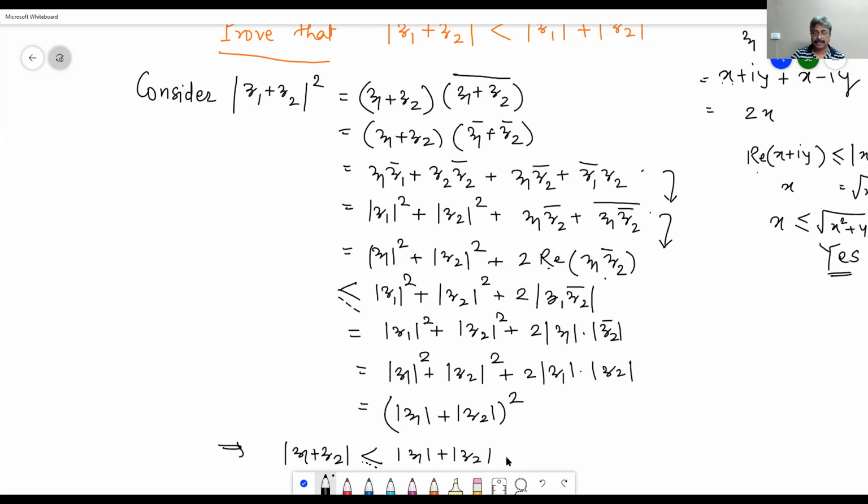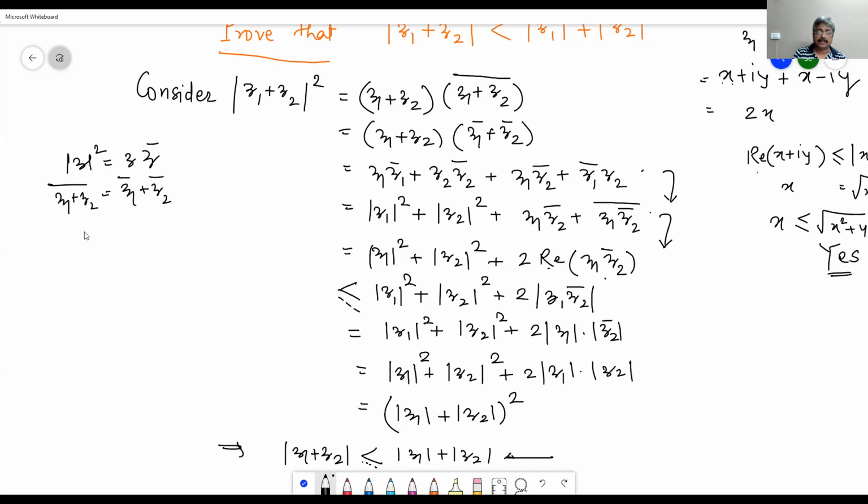Triangle inequality. So what all properties are used here? Mod z square is equal to z z bar. That is the first property we have used. Second property, z1 plus z2 bar is equal to z1 bar plus z2 bar.